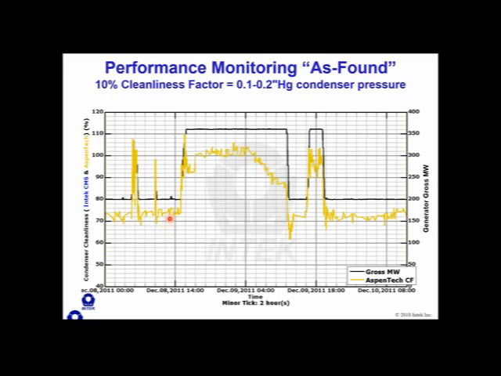Is the condenser more efficient at higher loads than at lower loads? They had all kinds of theories: at lower loads and lower pressures you probably have more air binding, or the steam velocity in the bundle is lower, so you get lower heat transfer coefficients. There were all kinds of theories as to why this was being observed.